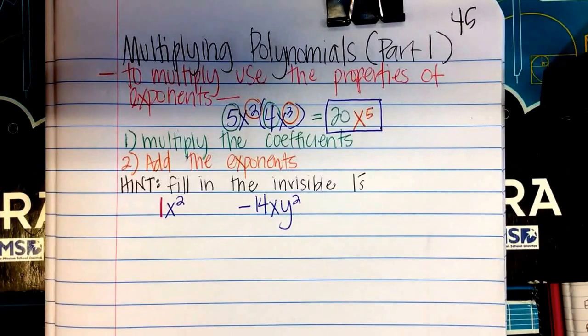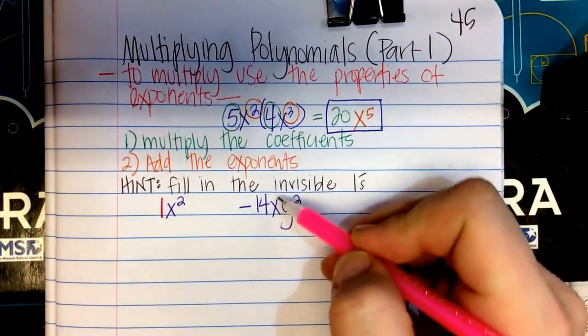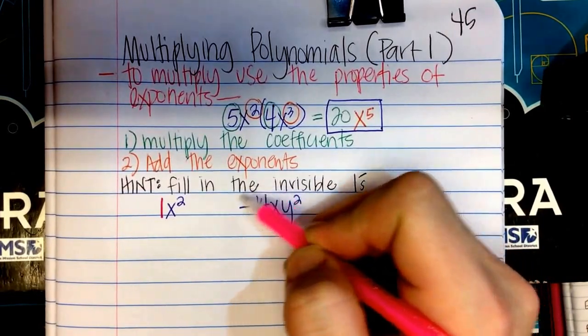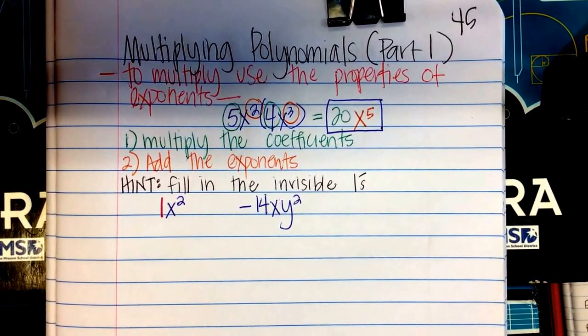Kaylee? So you put in a coefficient of 1? You could, but the coefficient's already negative 14. We don't need another coefficient. We do need a 1 in there, though.